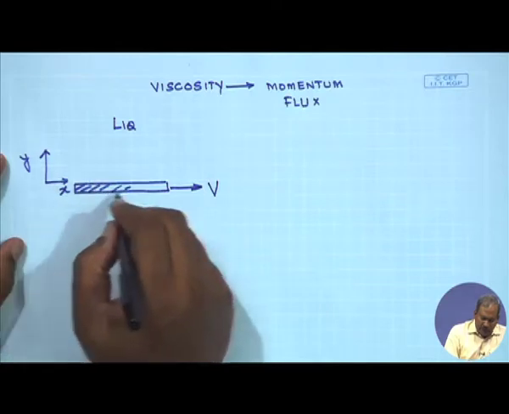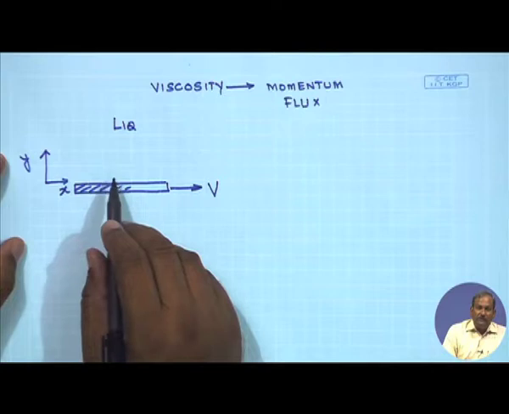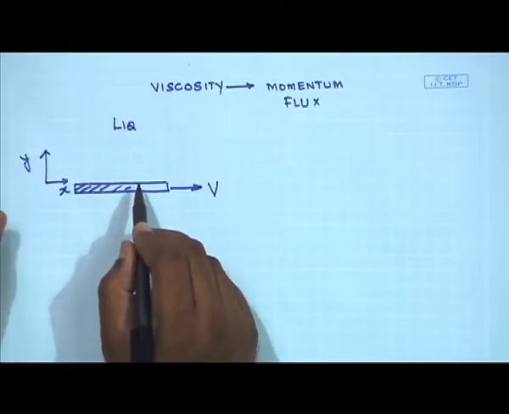Now, as the solid plate starts to move, the liquid layer will also start to move. That is a natural tendency of the liquid in contact with the solid plate. That is, near the solid plate, the liquid will have a velocity equal to the velocity of the solid plate.